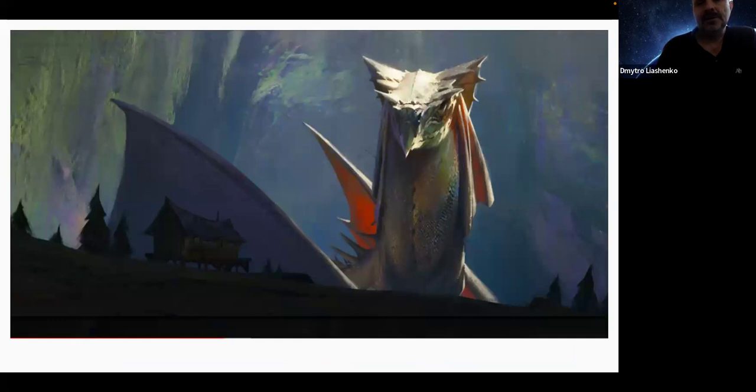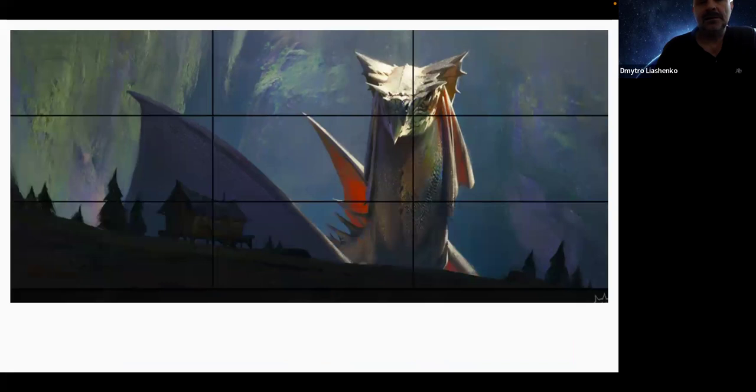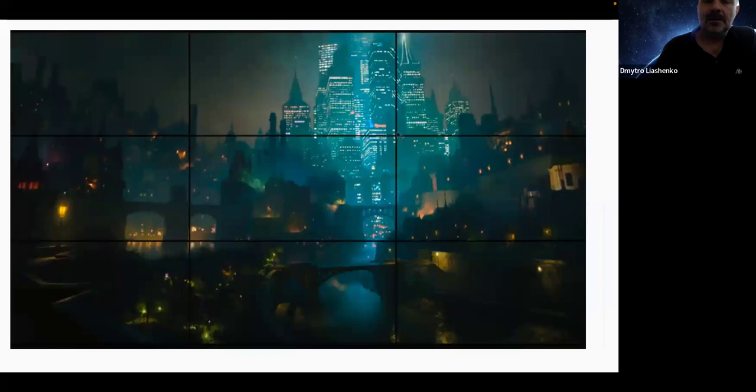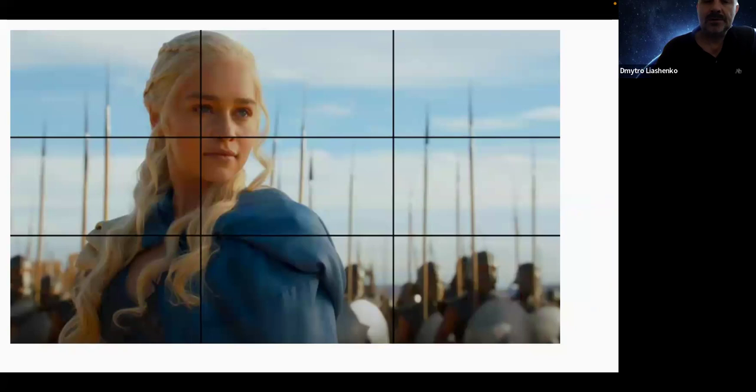Well, you see a dragon and a painter who makes this presentation decided to put important objects in these key points. Also, the city and a bridge are in these key points.